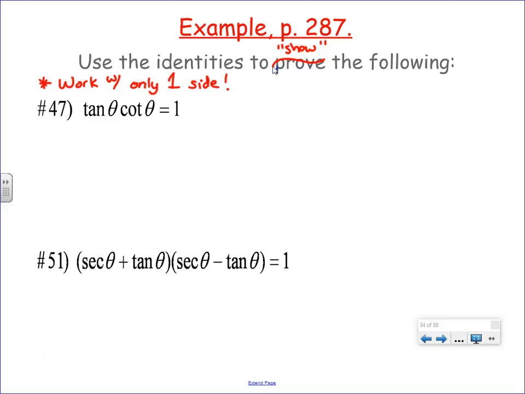They're telling you it's true, but you have to show why it's true. You're only allowed to work with one side, which means you're not allowed to move anything to the other side. You're not allowed to square both sides. You're not allowed to touch, even change in any way, shape, or form, even if mathematically it's legal. You have to stick with one side.